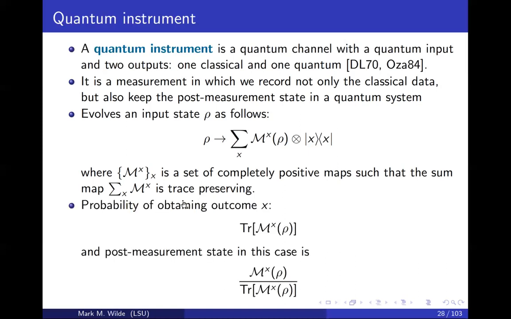Okay. And the interpretation is that the probability of obtaining outcome x is given by this trace expression here, and the post-measurement state is one of these maps. If you get the outcome x, then the post-measurement state will be one of these maps acting on rho divided by the probability of getting that outcome.